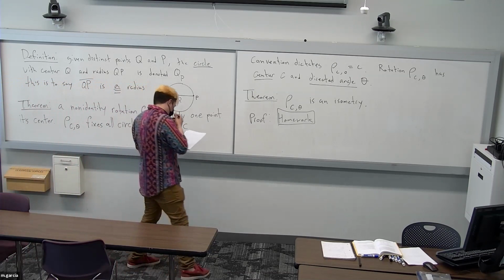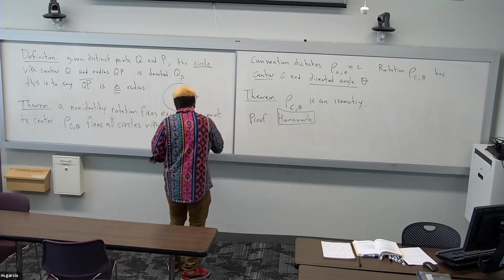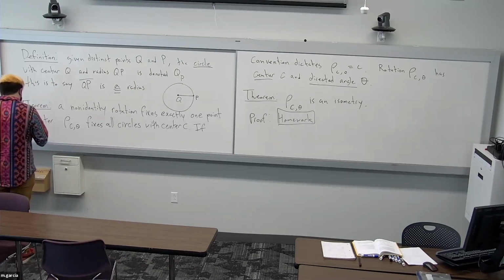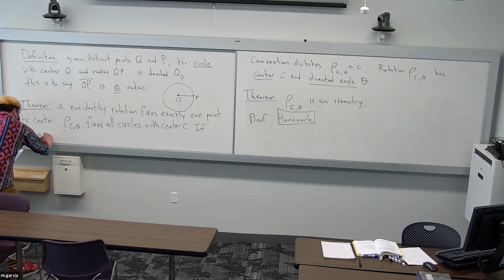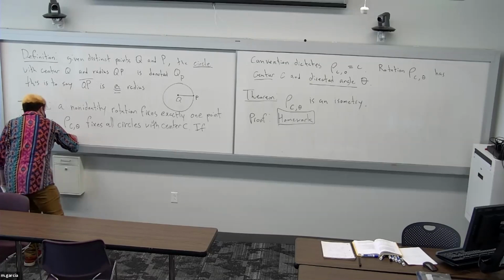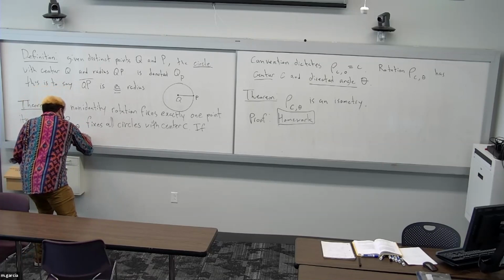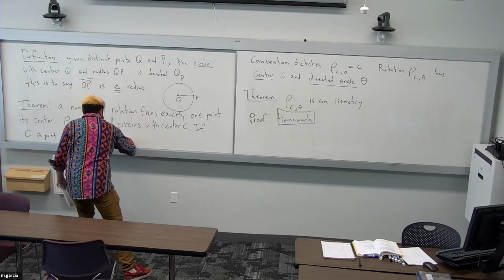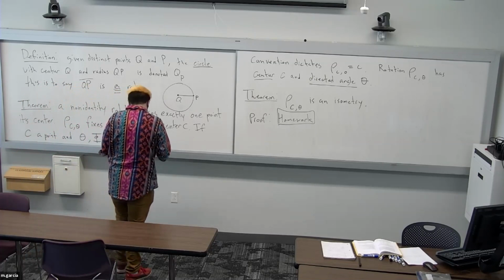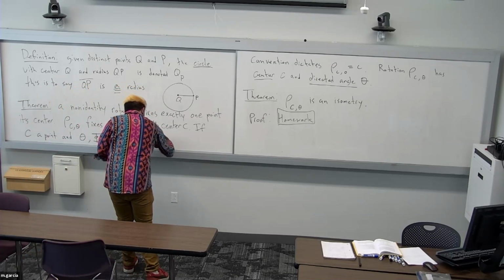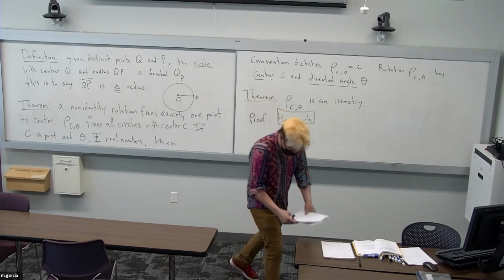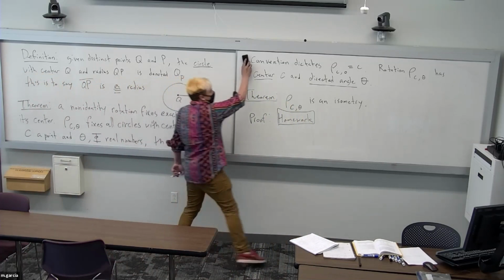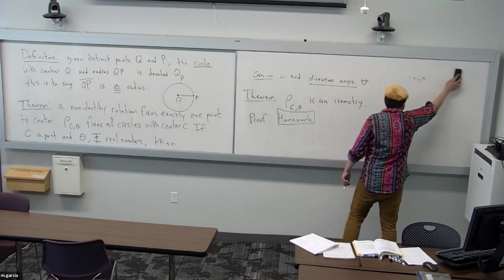Okay. Furthermore, if C is a point, and we have theta and phi, we have a couple identities which just encode what you already know about how angles work.